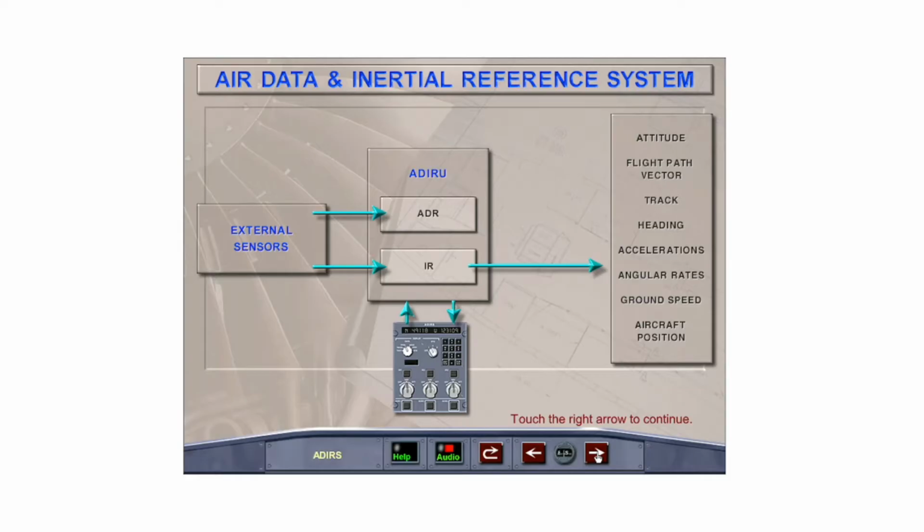The inertial reference, or IR section of each air data and inertial reference unit supplies data on attitude, flight path vector, track, heading, acceleration, angular rates, ground speed, and aircraft position.